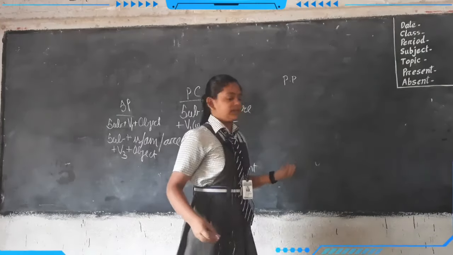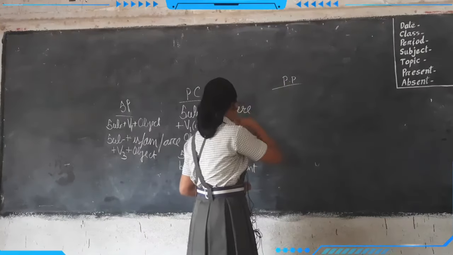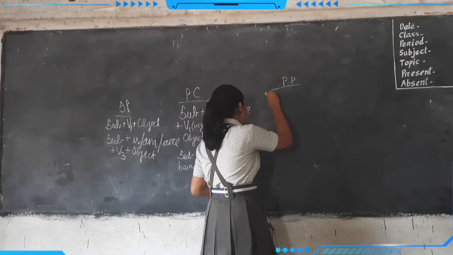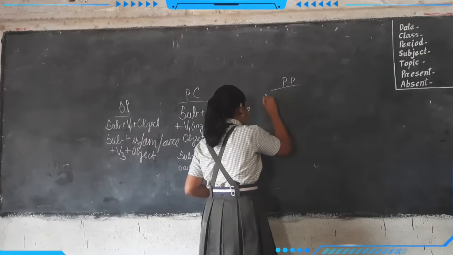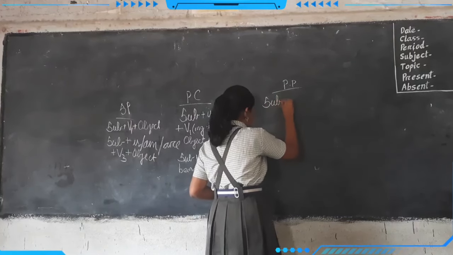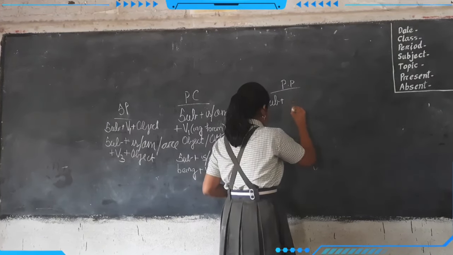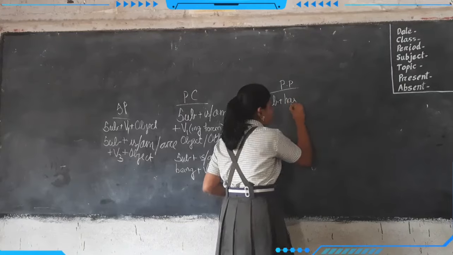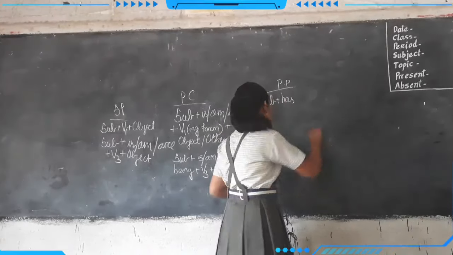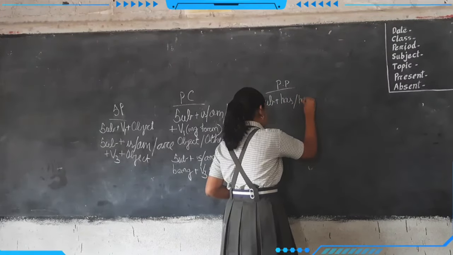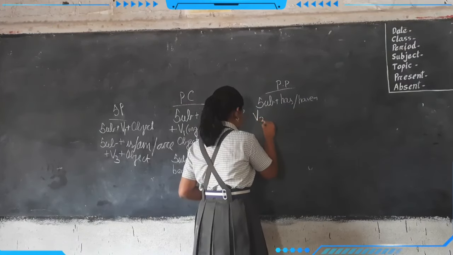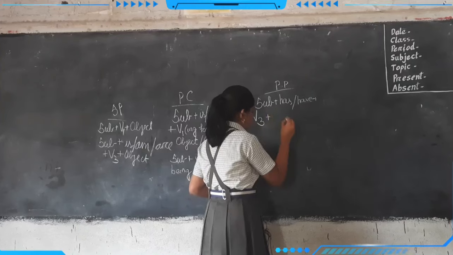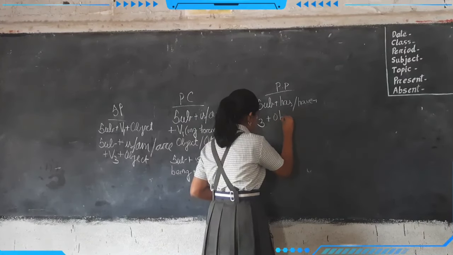For the present perfect tense, in the active voice the structure is subject plus has or have, has for singular and have for plural, plus verb 3, plus object.